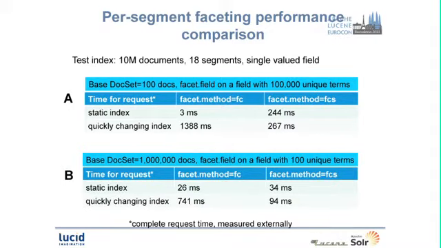So here's some time ago I did a comparison of per segment faceting versus the top-level method for a single-valued field. And as you can see, for the quickly changing index, the FCS method always wins. And when I say quickly changing, I was committing multiple times a second, really just back to back, just a little while loop and just commit, commit, commit, commit.